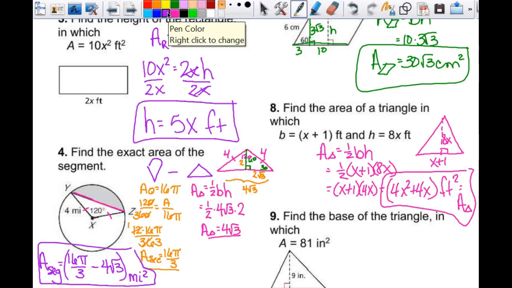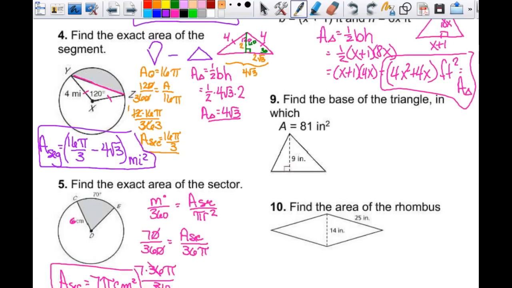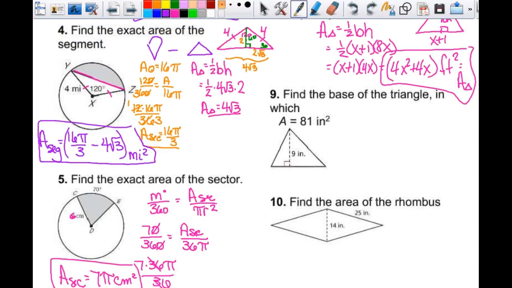All right, I'm going to find the base of the triangle, in which the area is 81 inches squared, so I know that the area of the triangle is 1/2 base times height. Area is 81. That's equal to 1/2 the base I don't know times the height, which is 9. So I could multiply the 1/2 times the 9, but it's an odd number, so that's just going to give me a fraction anyway.